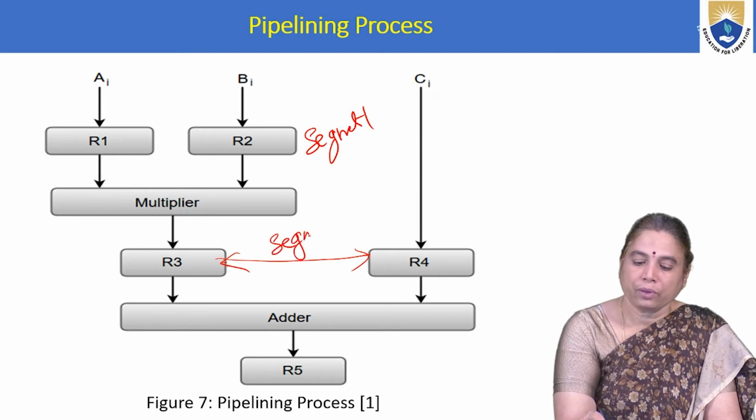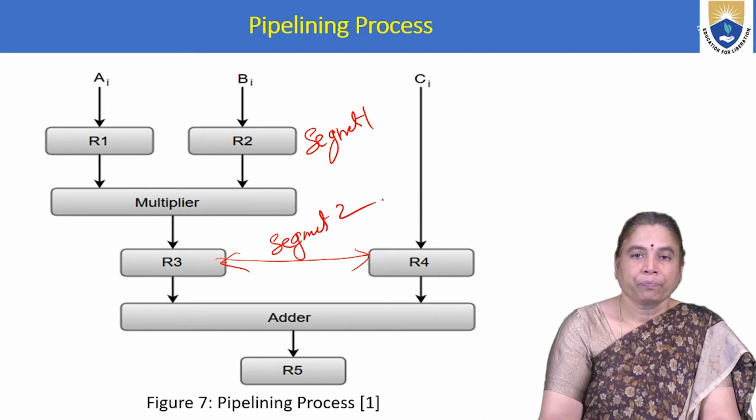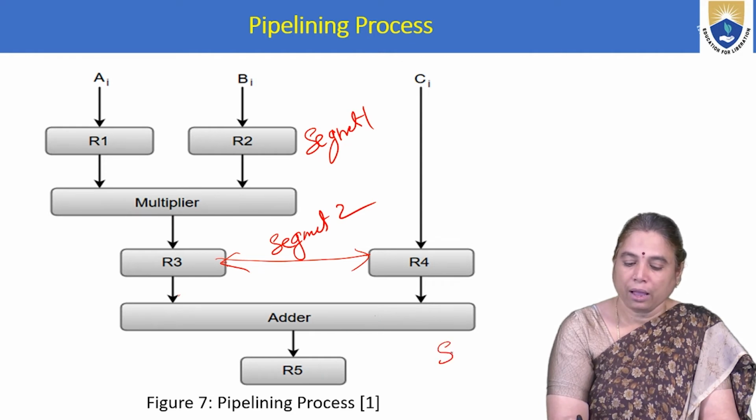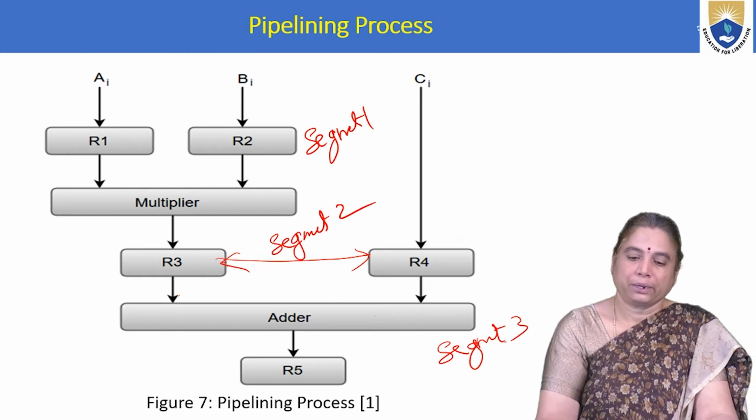So this is the segment 2 operation. In the third segment, the multiplication product and the third value are added and the result is stored in R5. So this is the segment 3 operation.